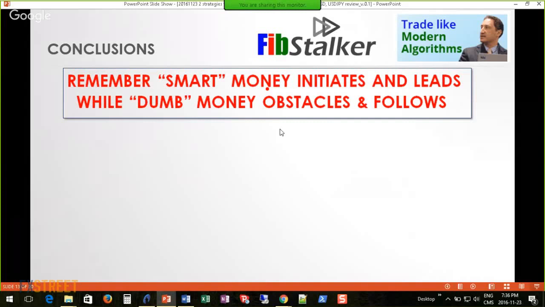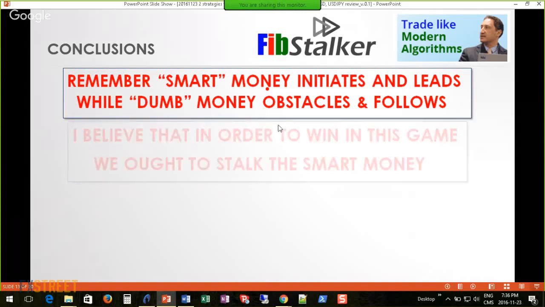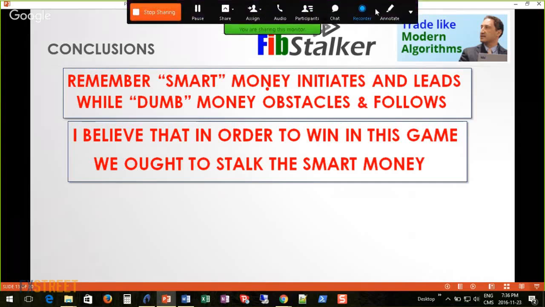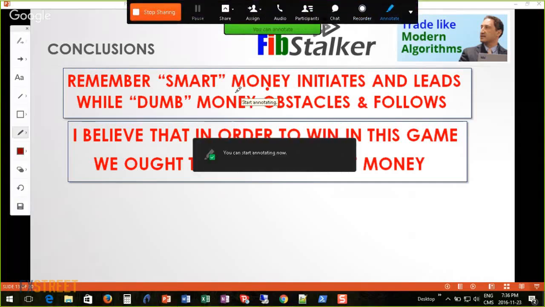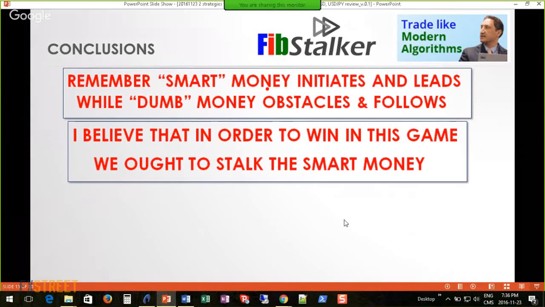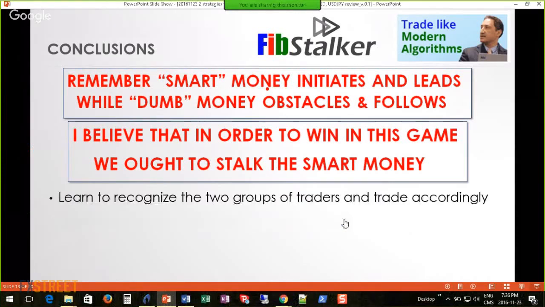So dumb money is reactionary, while smart money is actually proactive. Now, I truly believe that in order to win in the trading game, we need to study the smart money because of the nature of how they can actually affect price and the fact that they initiate and lead price development.